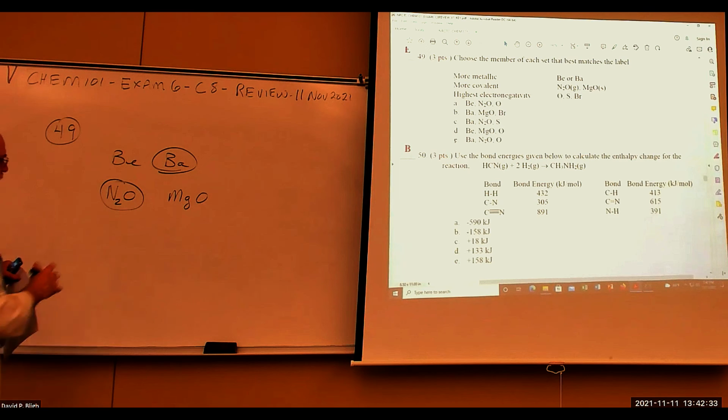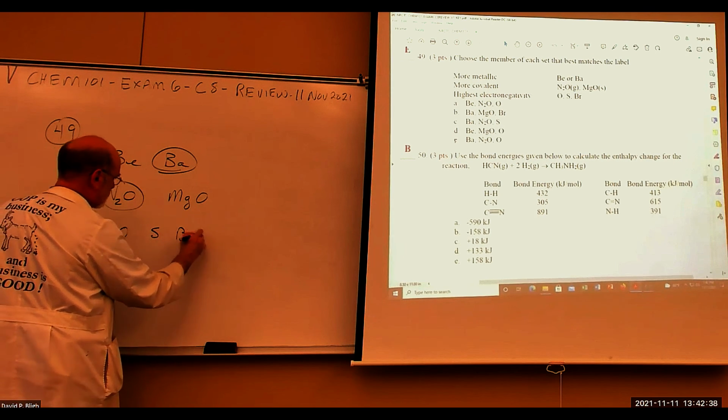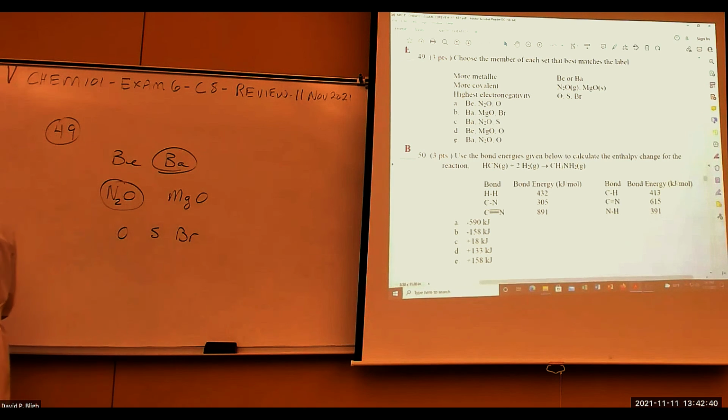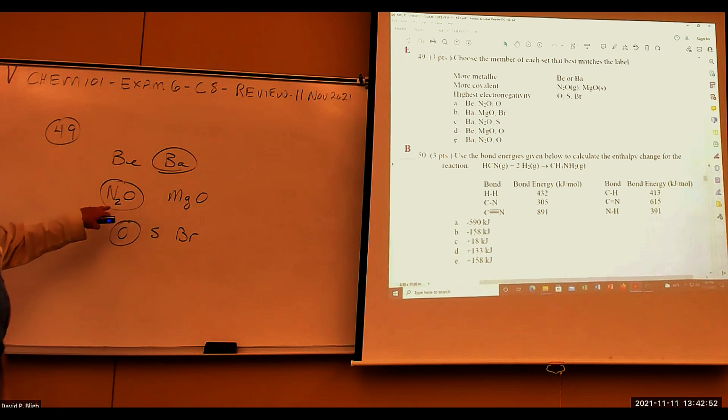And the highest electronegativity out of these three, O, S, Br. So we just look at how they're arranged on the periodic table. There's oxygen, there's sulfur, there's bromine. The more electronegative should be oxygen. So it'll be barium, nitrous oxide, and oxygen.